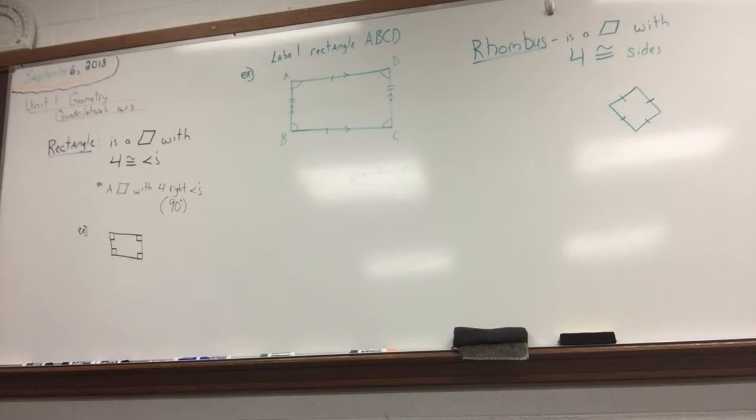A rhombus. If I said, draw me a parallelogram with 4 right angles, you'd draw me a rectangle. If I said, draw me a quadrilateral where opposite sides are parallel, you could draw me a parallelogram, a rectangle, or a rhombus, because all of those are parallelograms. Everybody still with me?